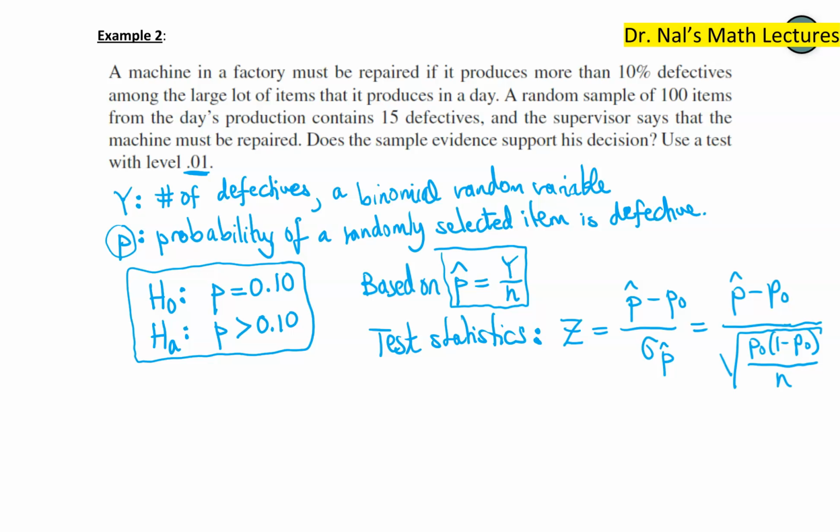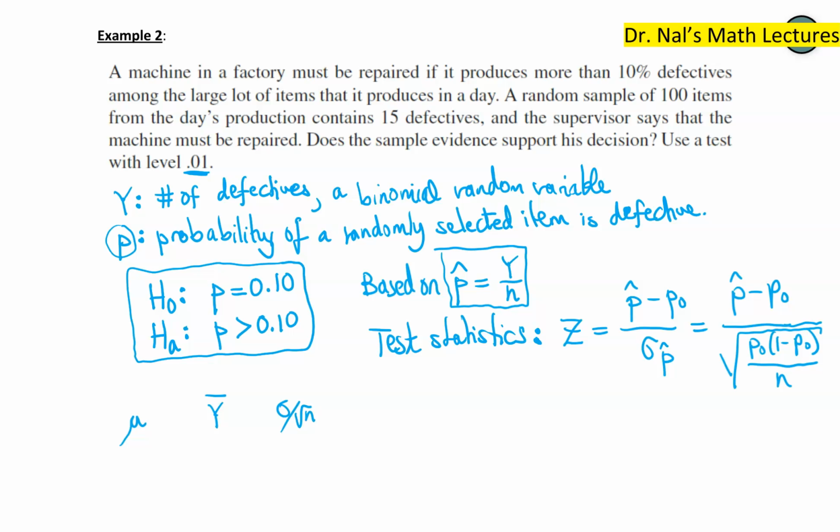These are commonly used point estimators. Just to remind you, the commonly used point estimator for the population mean is the sample mean, y bar, and the standard error in that case would be sigma over square root n, where n is the size of the sample.